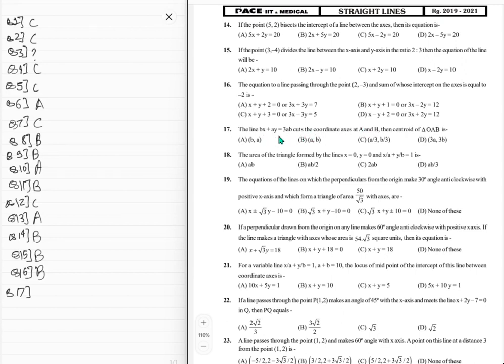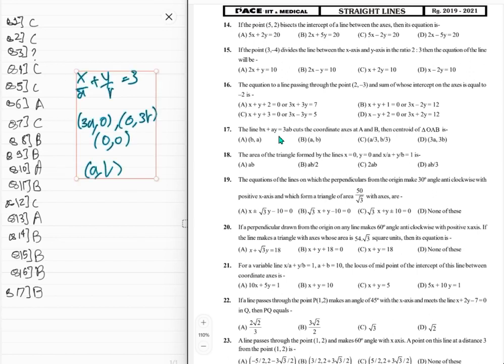Come on, seriously, it's just x upon a plus y upon b equal to 3. So the points are 3a comma 0, 0 comma 3b, and 0 comma 0. These are the 3 points whose centroid we want to find. So it's going to be a comma b. Just add them, divide by 3, it's a comma b. So B, that's a very bad b.